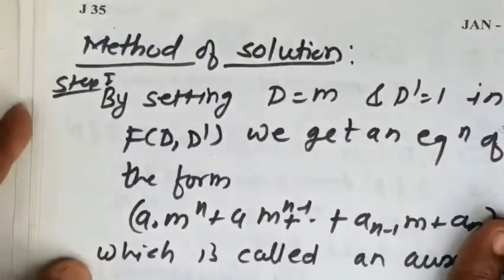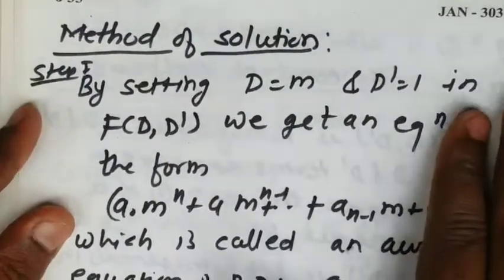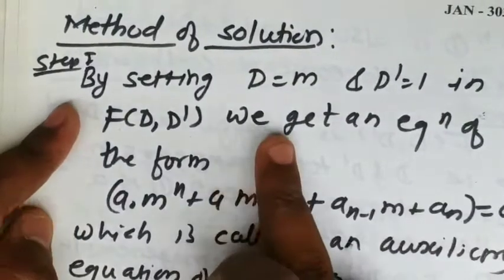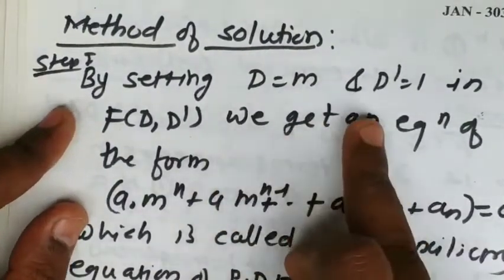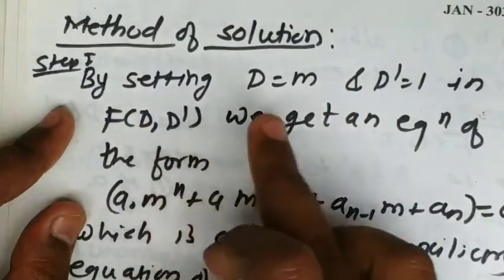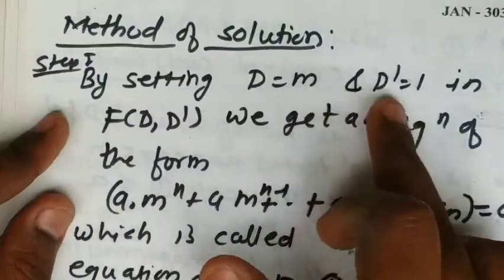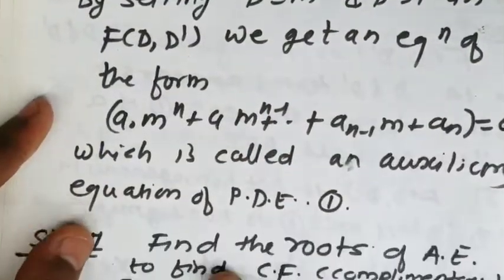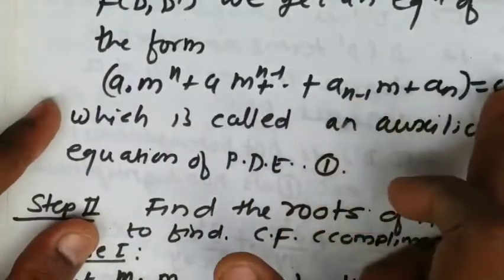Now let us see the method of solution of these types of differential equations. Step number 1: we set D equal to m, D' equal to 1. Whatever equation we get in terms of f(D, D'), in that equation we replace D by small m, D' by 1. After that we will get a polynomial in m equal to 0.